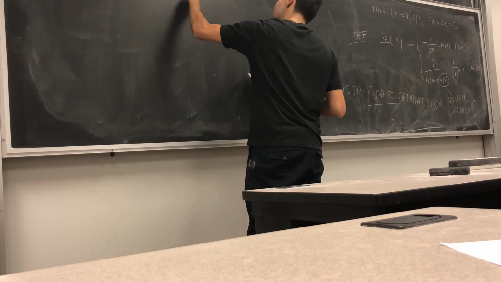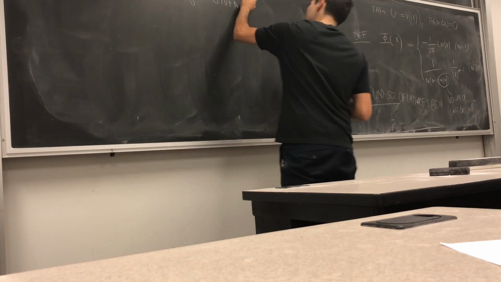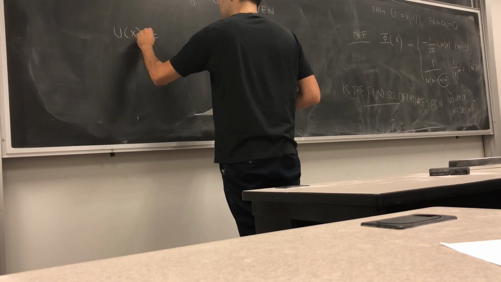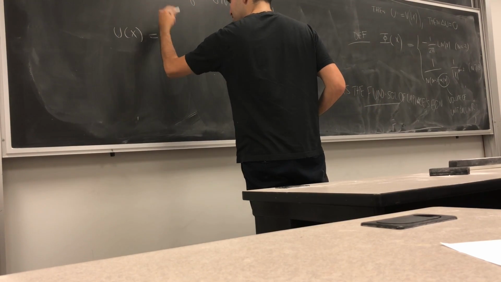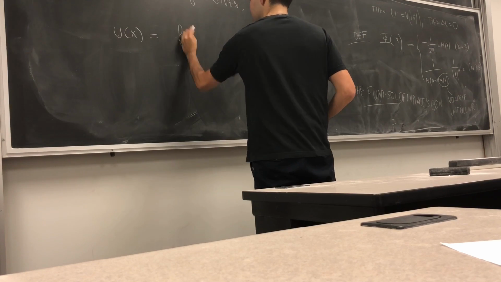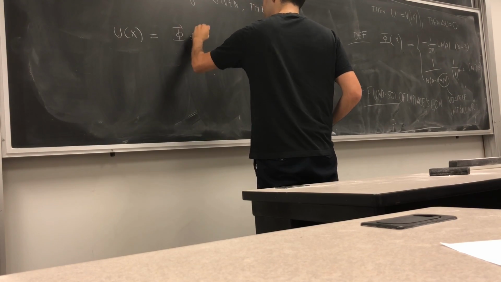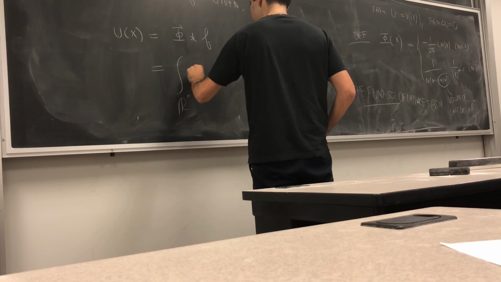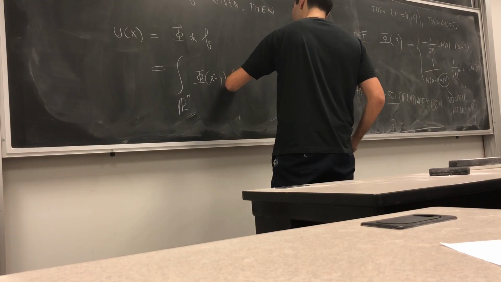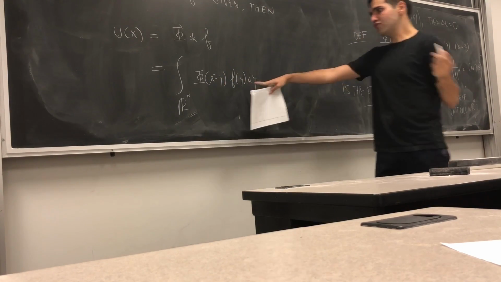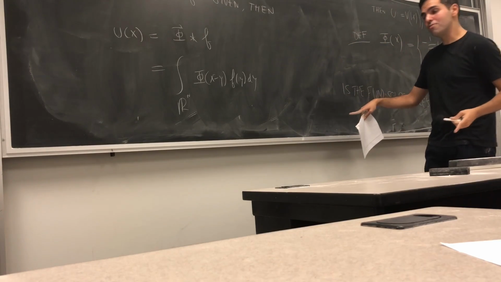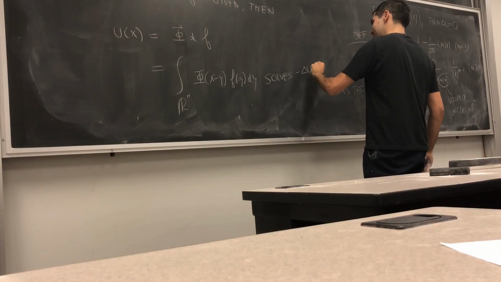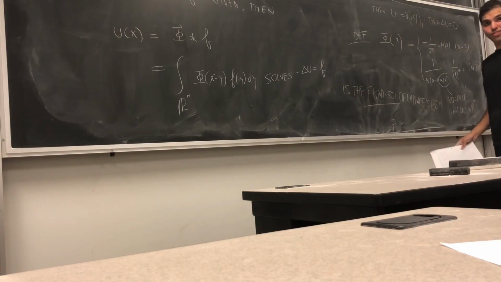Namely, if f is given, then the following function, u of x, which equals, some people write it as f convolved with phi, I guess phi convolved with f, which equals, if you want, the integral over Rn of phi of x minus y, f of y dy. If you take this function that involves f and a fundamental solution, it turns out it solves what's called Poisson's equation, minus Laplacian of u equals f.